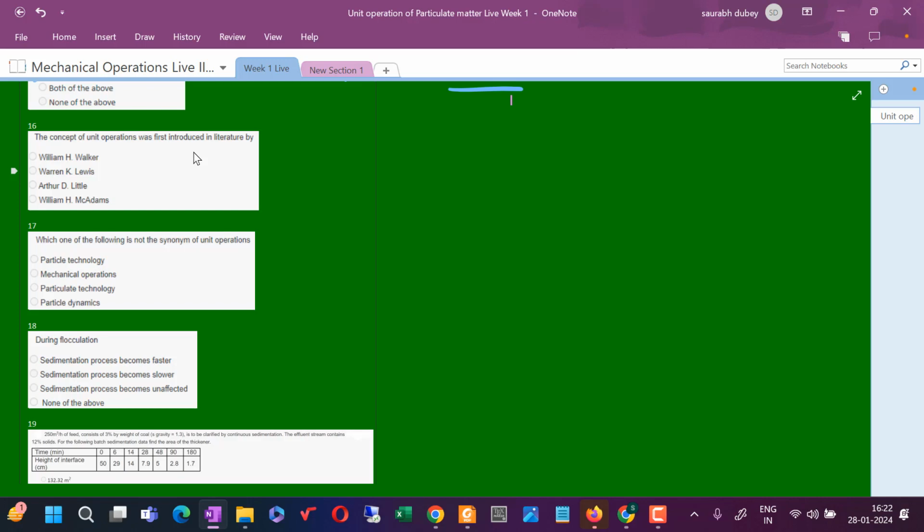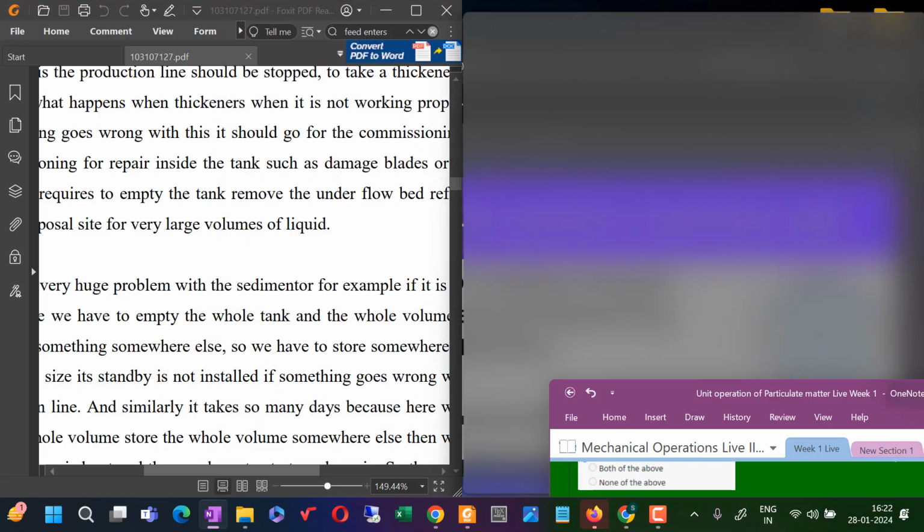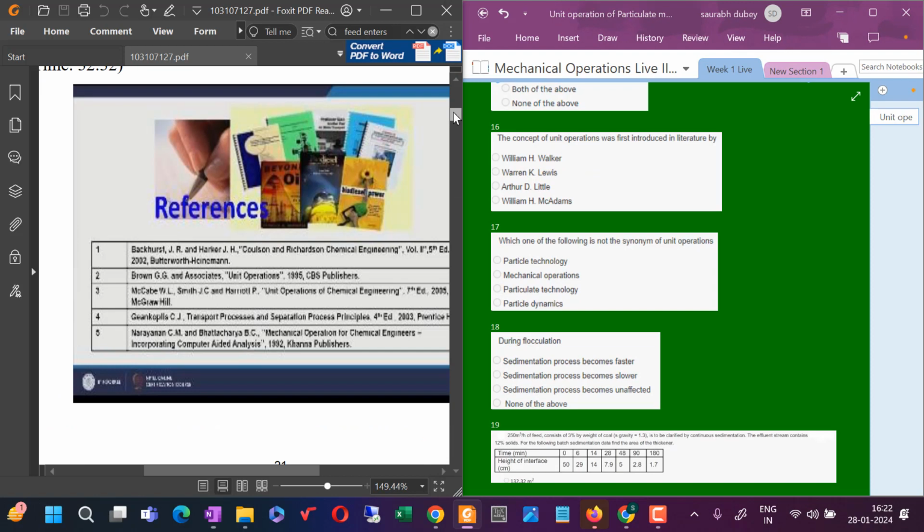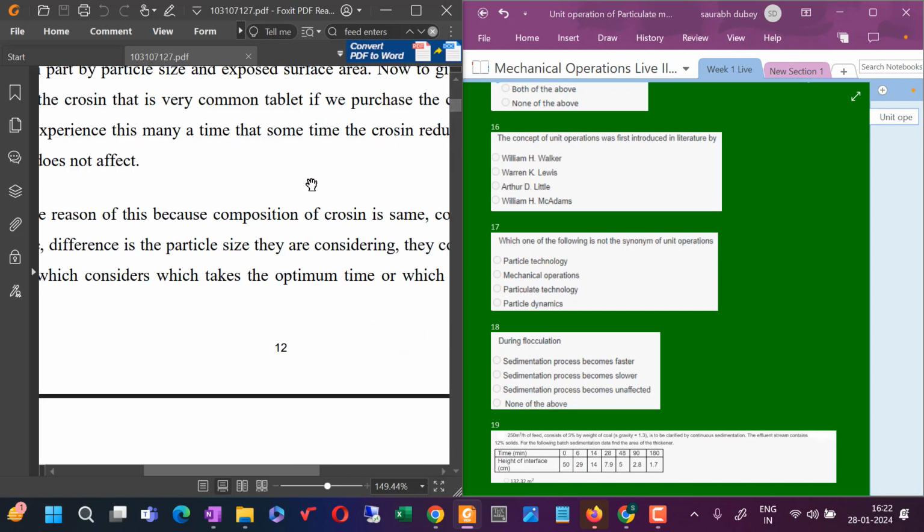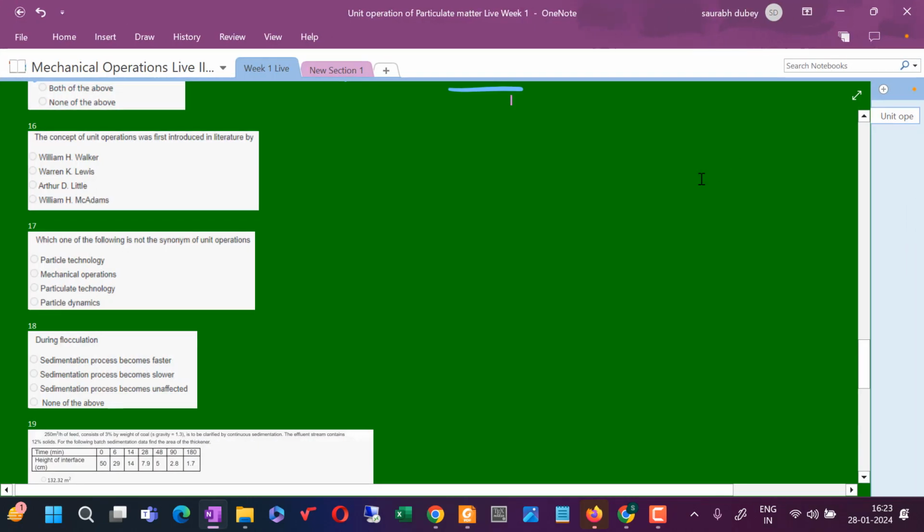Arthur D. Little was the key player in the establishment of the unit operation. So this Arthur D. Little is the correct scientist who should be credited.